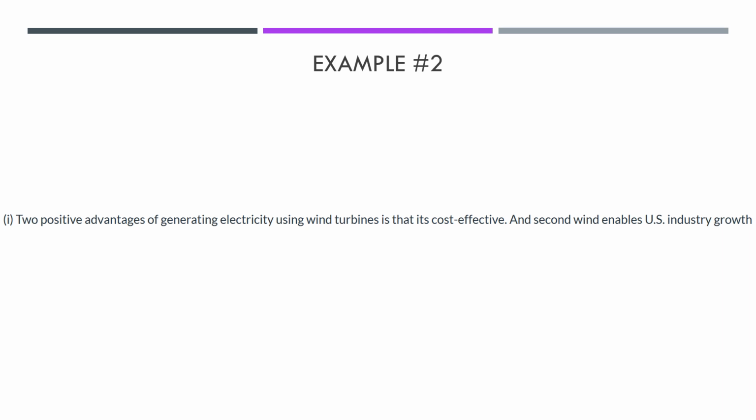2 positive advantages of generating electricity using wind turbines is that it is cost effective, and second, wind enables U.S. industry growth. So it was a list of those examples, but there were no descriptions here. This was just simply the student identifying.